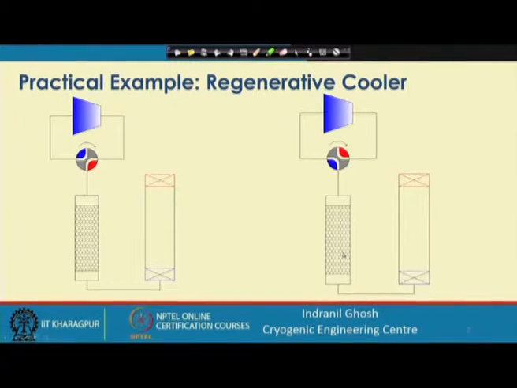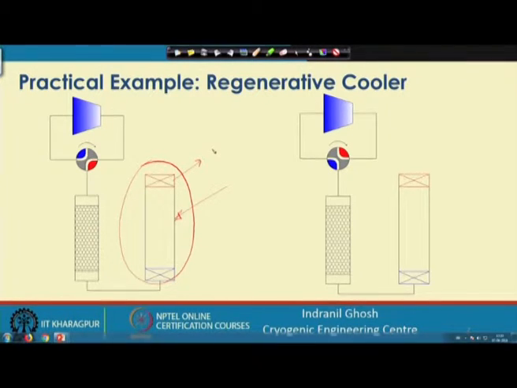For that we have taken an example of a cryogenic application, the pulse tube refrigerator, where we find a thin walled empty tube that is periodically pressurized and depressurized.